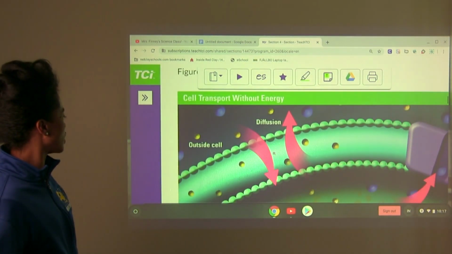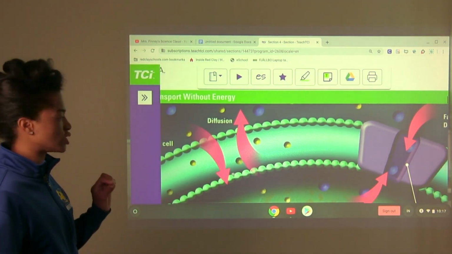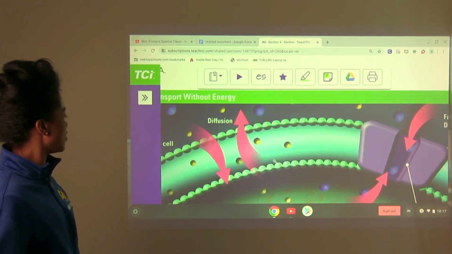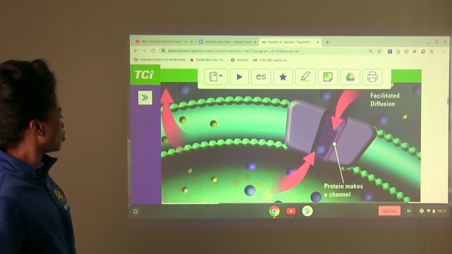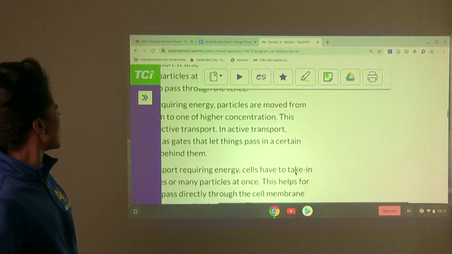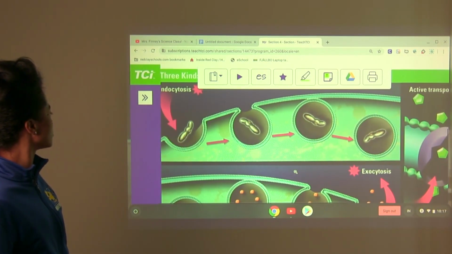All right. So here you'll notice diffusion, right? Not requiring energy. Okay. And then you'll notice facilitated diffusion, which uses protein as a channel. Okay, and this is a visual of protein being used as a channel for particles. These are the particles in blue to pass through. Okay? All right, now let's go down to this image here.